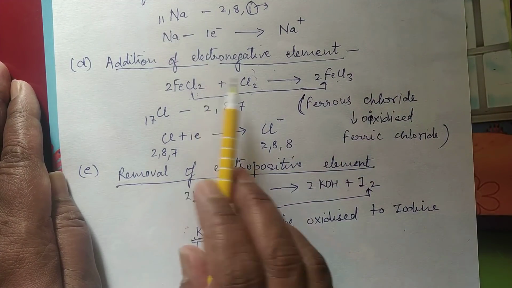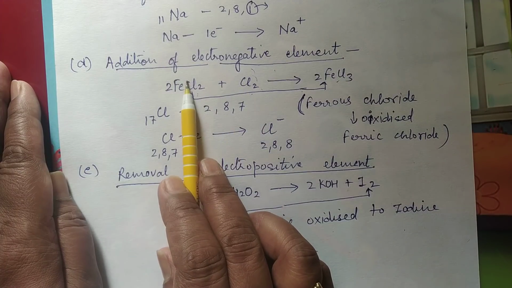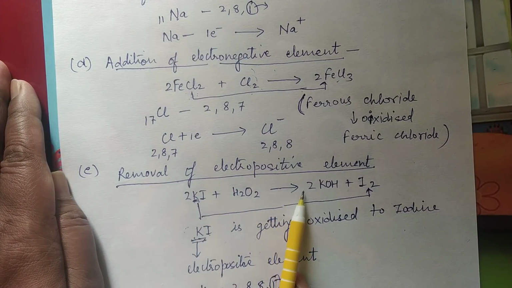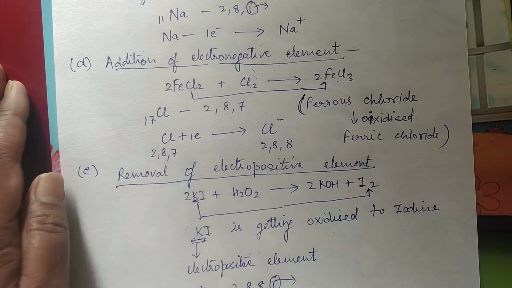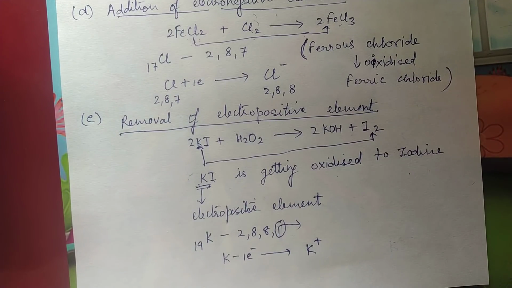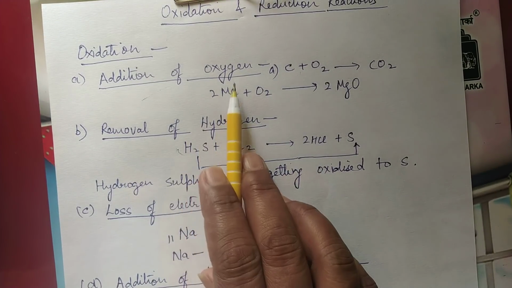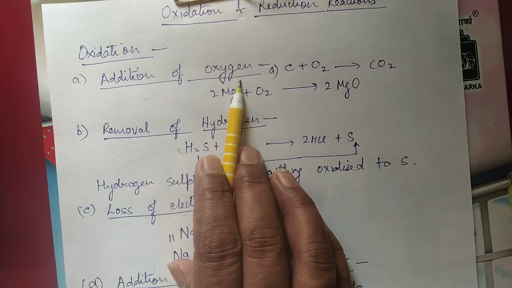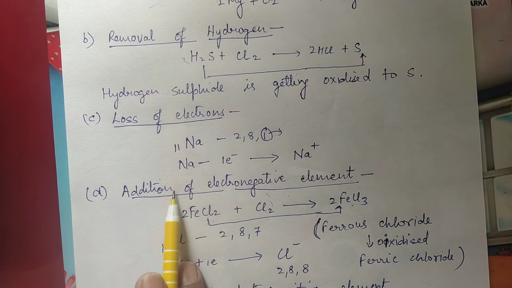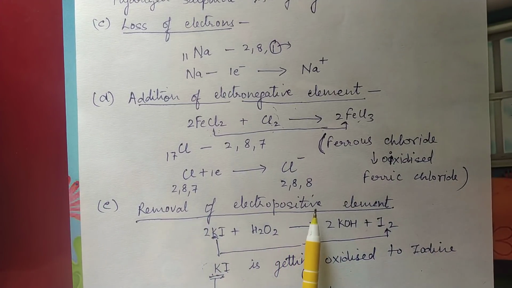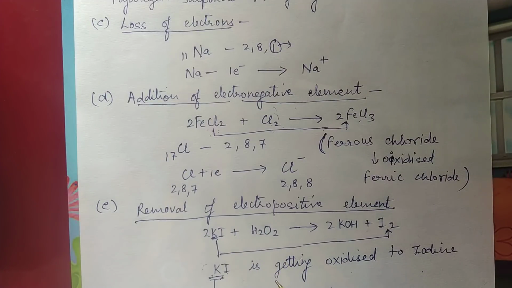Here addition of an electronegative element is oxidation, and removal of an electropositive element is also oxidation. So if we come to a summary, oxidation reactions involve addition of oxygen, removal of hydrogen, loss of electrons, addition of an electronegative element, and removal of an electropositive element. All these types of reactions are considered oxidation reactions.